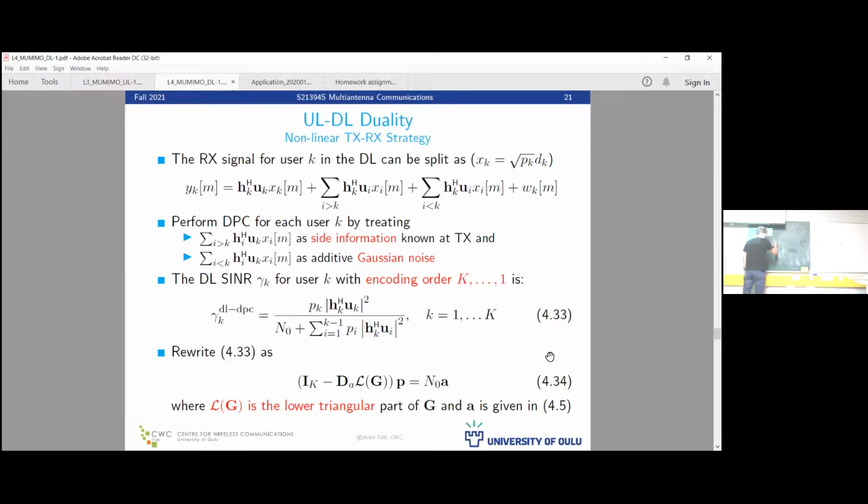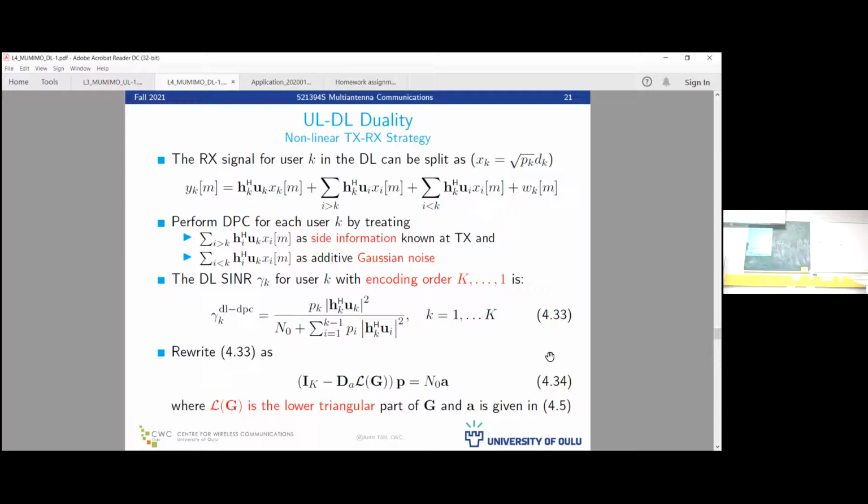Let's say we have 1, 1, 1, 0, 0, 0, minus A1, A2, A3. Okay, then we have the G matrix or the coupling matrix. And then we have the P1, P2, P3 equals A1, A2, A3 times n0.